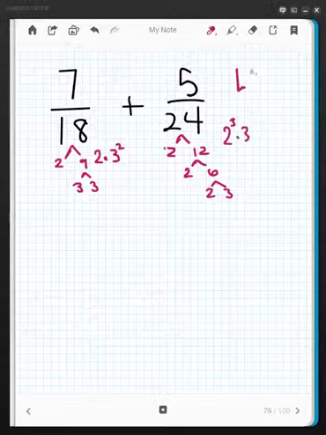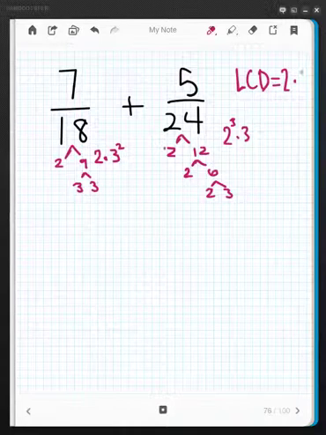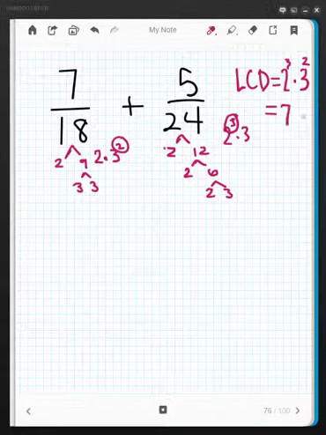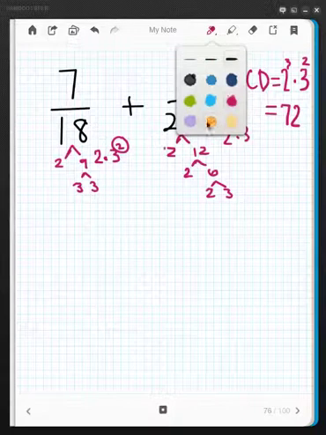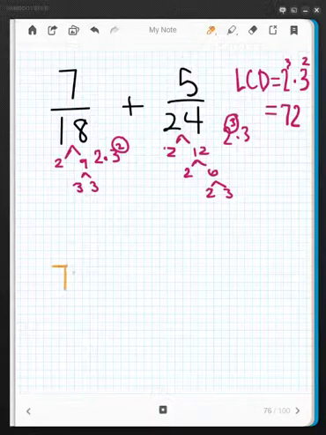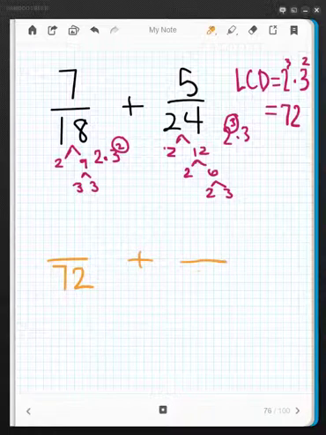So my least common denominator is going to have 2's and 3's in it, with the highest exponent of 2 being 3, and the highest exponent of 3 being 2. So this is 8 times 9, which is 72. So I'm going to be building higher terms to 72nds.